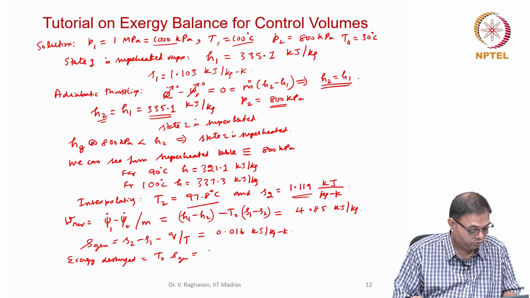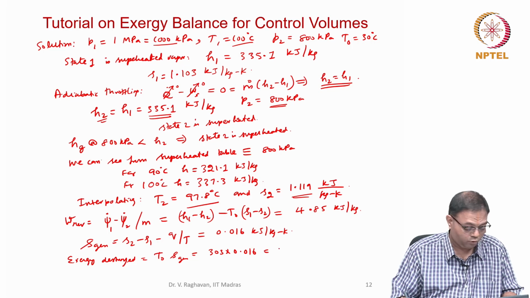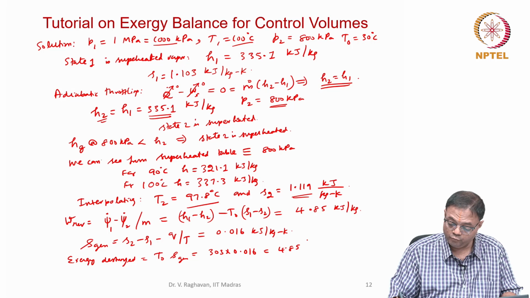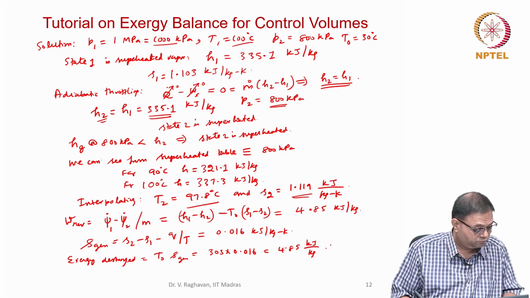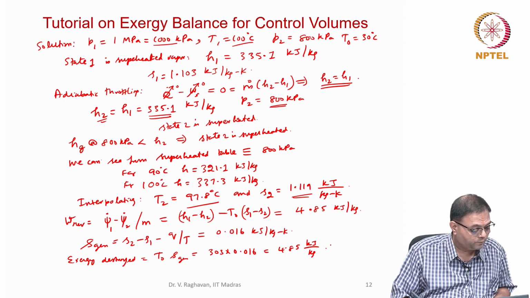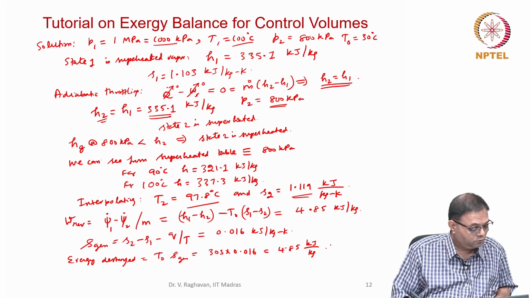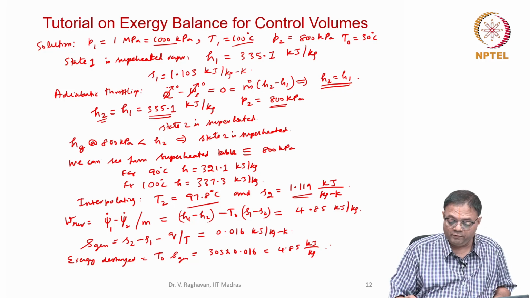That will be equal to 303 into 0.016, which is equal to 4.85 kilojoule per kg. Is it clear? So, we can find it in both ways like this.